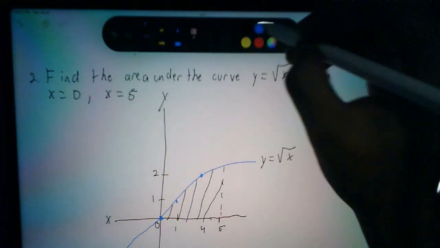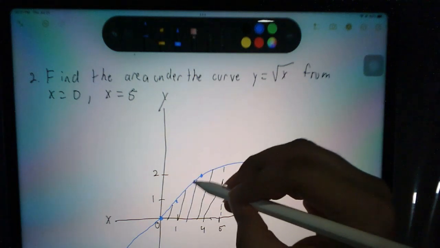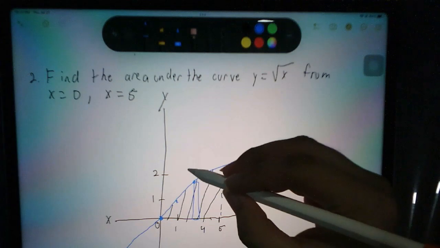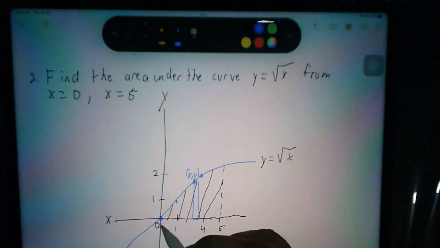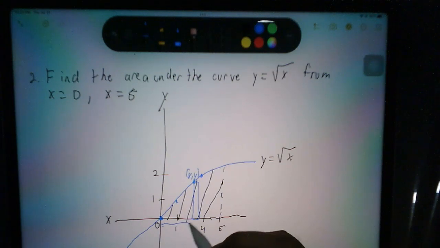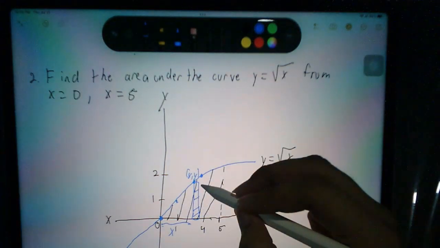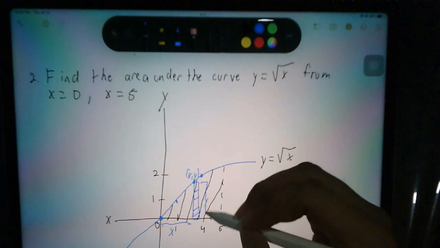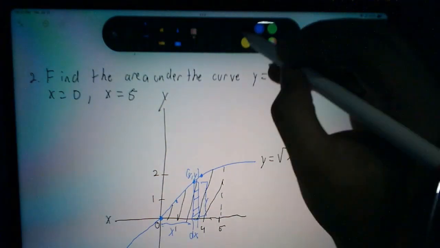Now we're going to put a point, let's say here, and this is just our vertical strip from x, y, and from the origin to this point here, this is x, and the height of this vertical strip is just equal to y, and the thickness here equals dx.